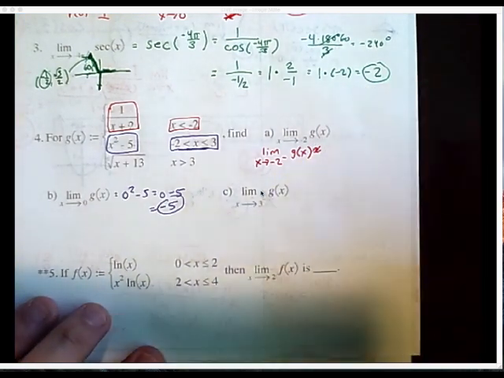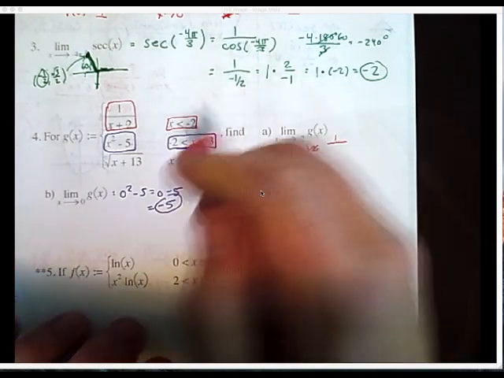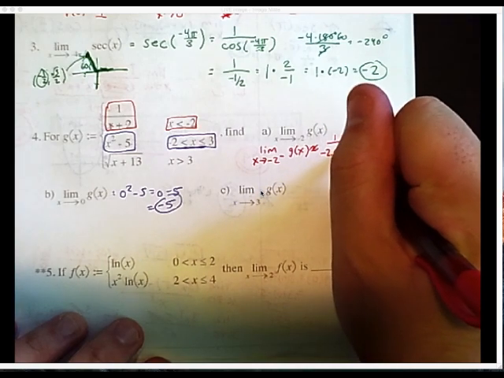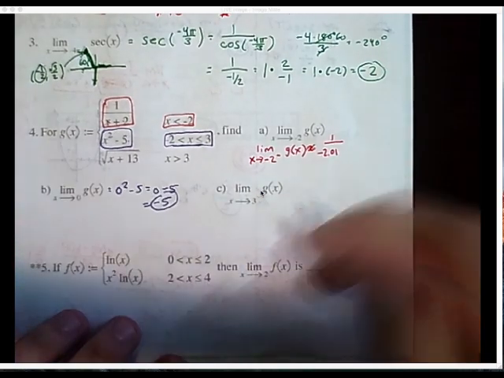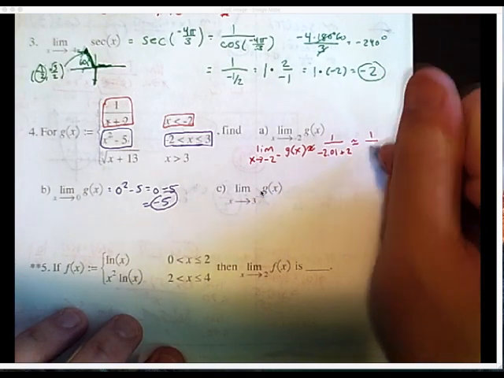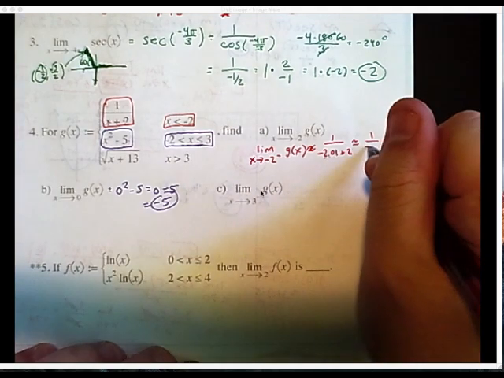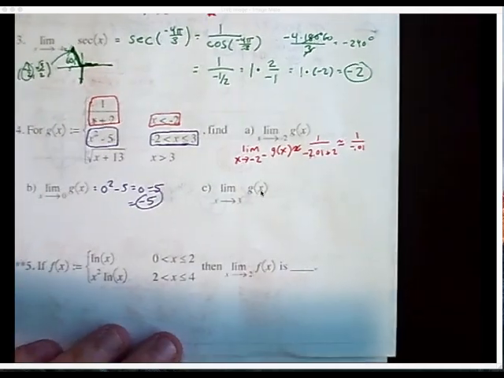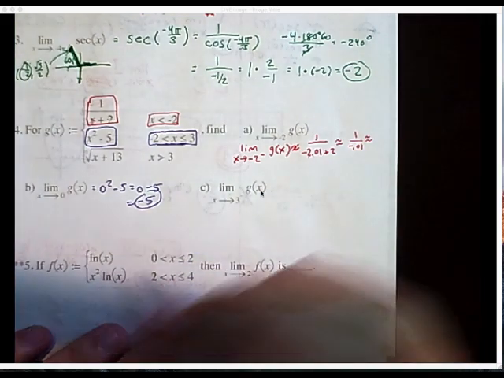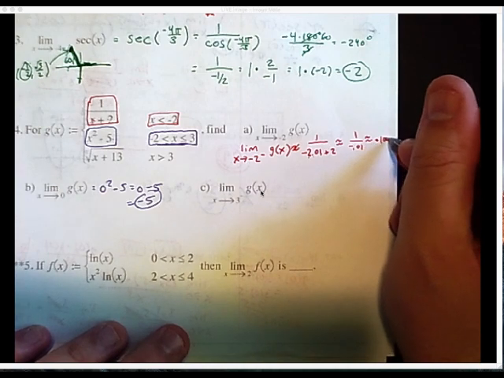So let's write approximately equal 1 over, plug in a number really close to negative 2, but a little bit to the left of it. If you do that, you get 1 over negative 2.01 plus 2, which would be negative 0.01. If I divide this, I would get negative 100.